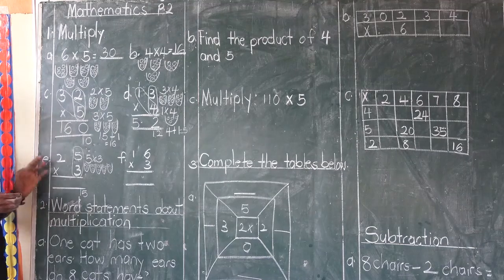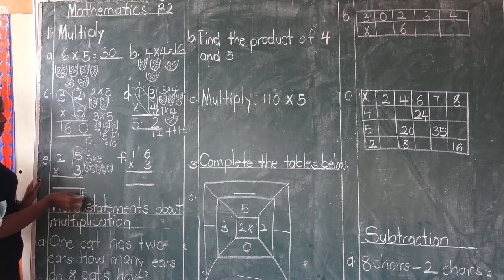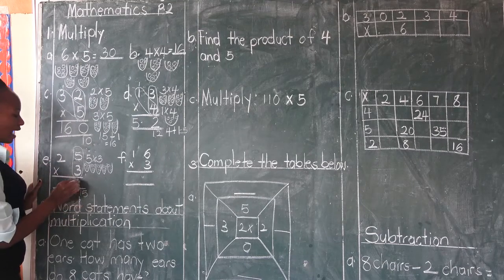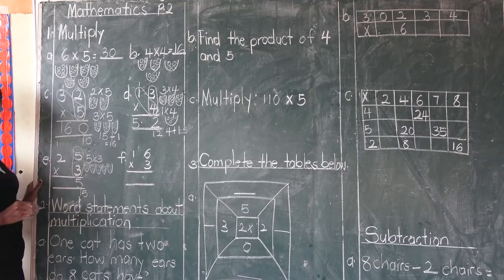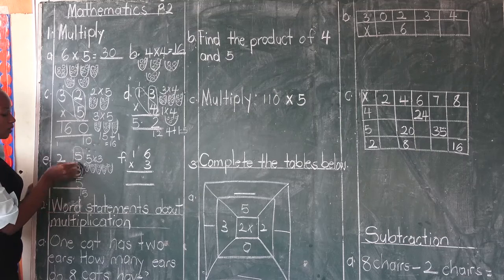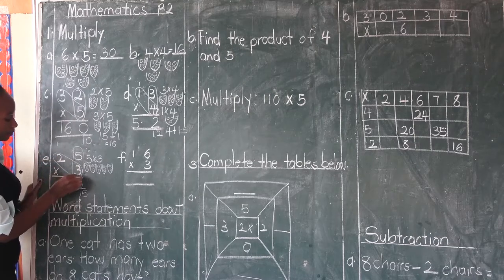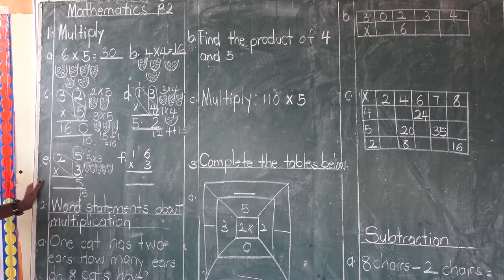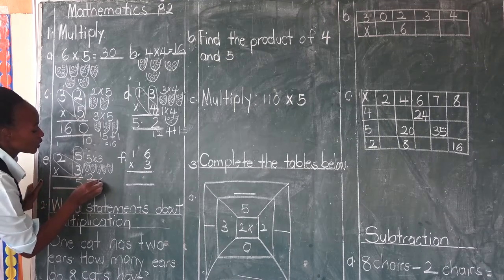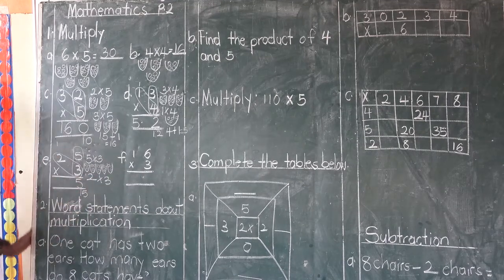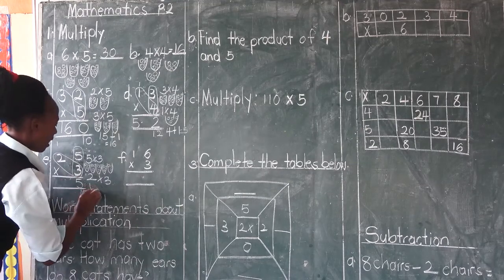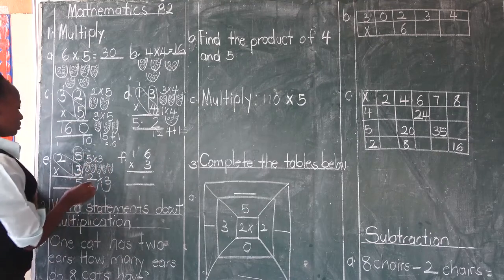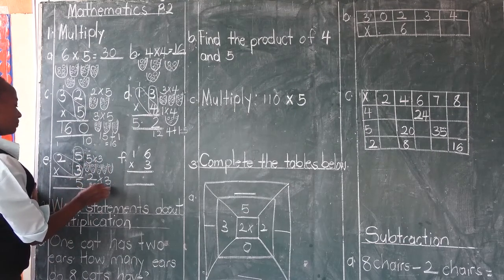Still, we can't put this 15 here. We have to write the number which is under 1s, write 5. Then we carry 1 to the next place value, which is 10s. After, we are going to cross multiply. Then here we shall have 2 times 3, which is the same as saying 2 groups of 3.